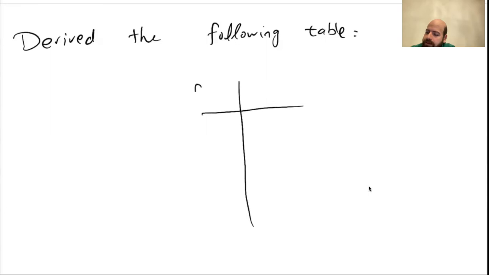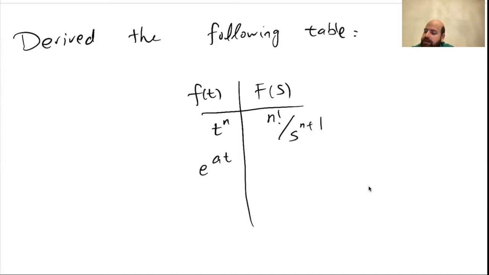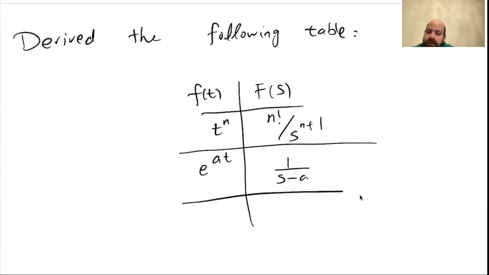Here we have a list of some functions f of t, and in the right column we have their Laplace transforms. So if the original function is t to the power n, then the Laplace transform would be n factorial over s to the power n plus 1. For e to the power at, the Laplace transform is 1 over s minus a.